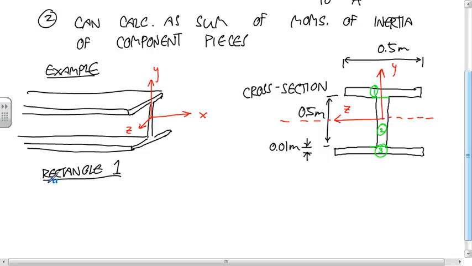Okay, so the formula for the moment of inertia about the neutral axis is the width times the height cubed over 12. So 0.5 is the width.